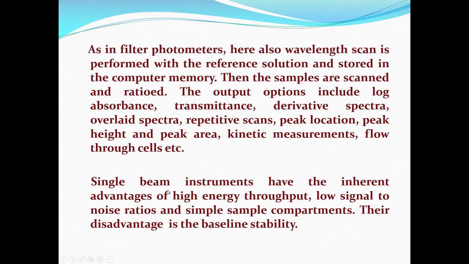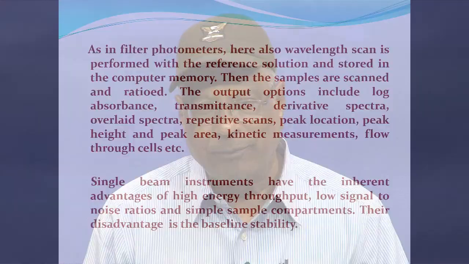Single beam instruments obviously have the advantage of high energy throughput, because we do not have to split the incoming radiation. The incoming radiation is coming in a single beam, and in a double beam I make it into two beams, one for reference, one for sample.